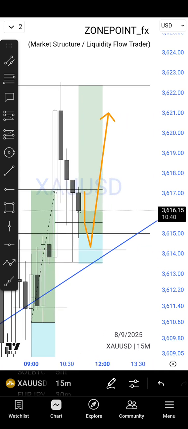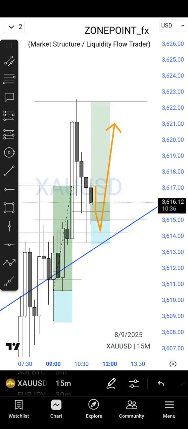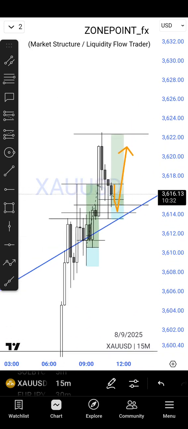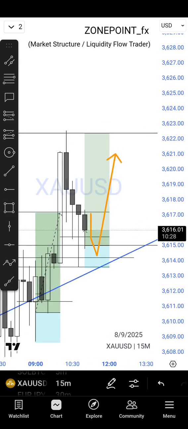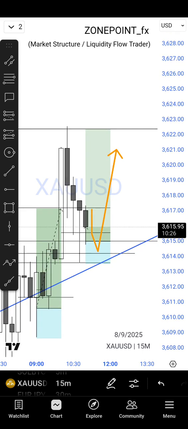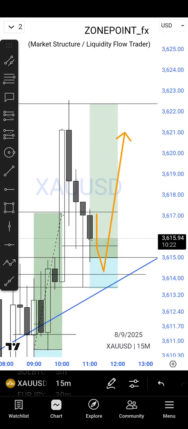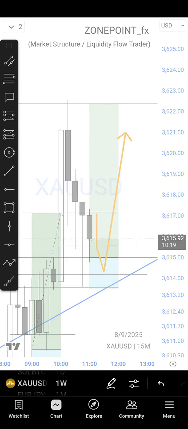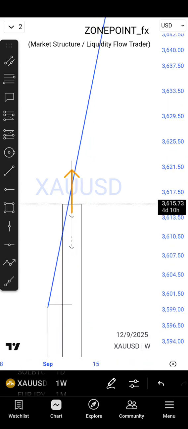Yeah. So let's see. That's good. You understanding analysis is very good. So let's go to weekly to see the level we are looking at for weekly.